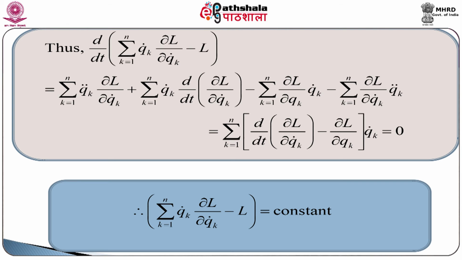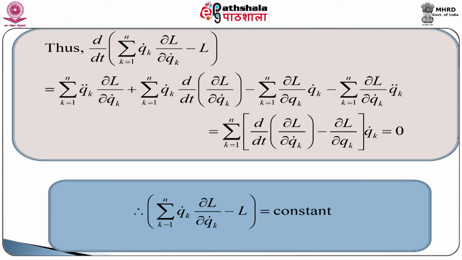So we get this equation, that is we get d/dt of summation over k qk dot ∂L/∂qk dot minus L equal to summation over k (d/dt of ∂L/∂qk dot minus ∂L/∂qk) into qk dot equal to 0, using the Lagrange's equation of motion for the coordinate qk.